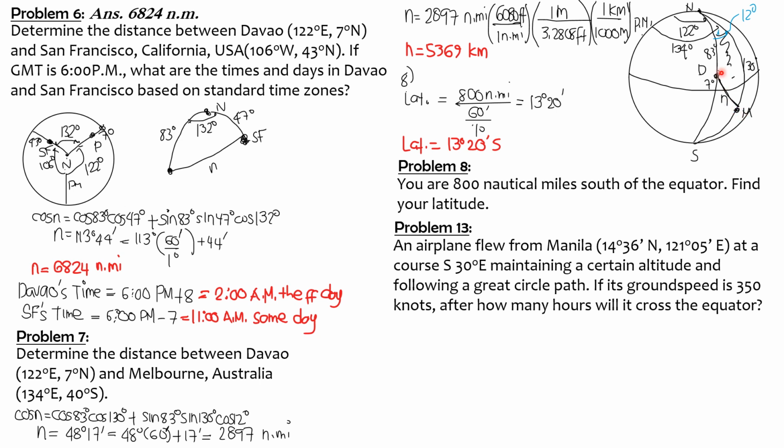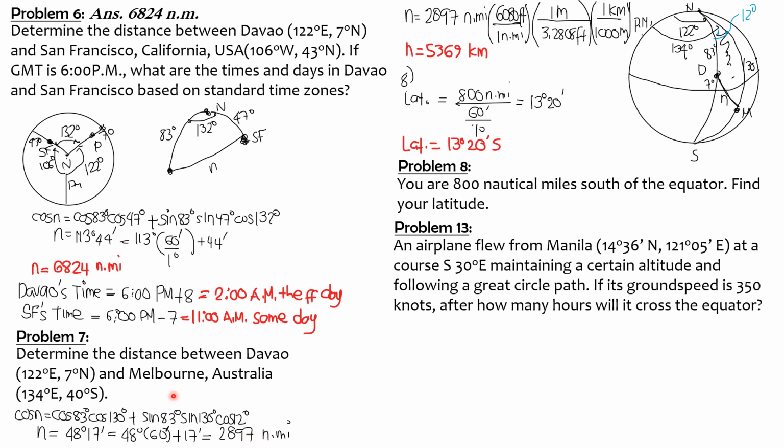Cosine of n equals cosine 83 times cosine 130 degrees plus sine 83 sine 130 cosine of the angle between them, so cosine of 12. Solving for n is 48 degrees 17 minutes. Again, converting this to minutes, 48 times 60 minutes per degree plus 17, 2897 nautical miles.